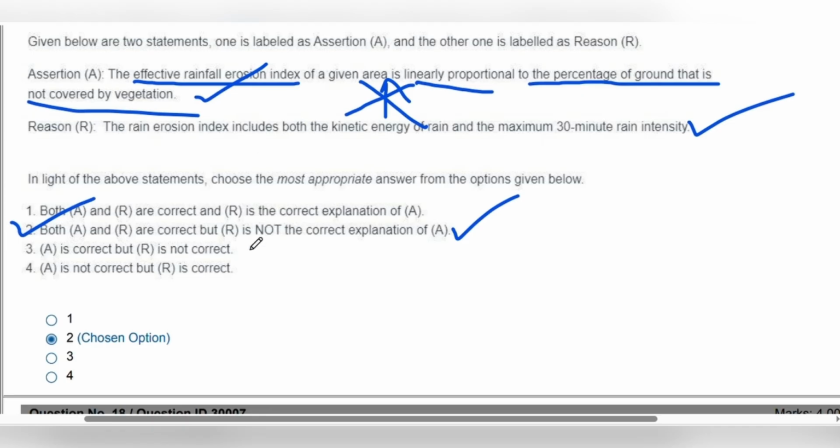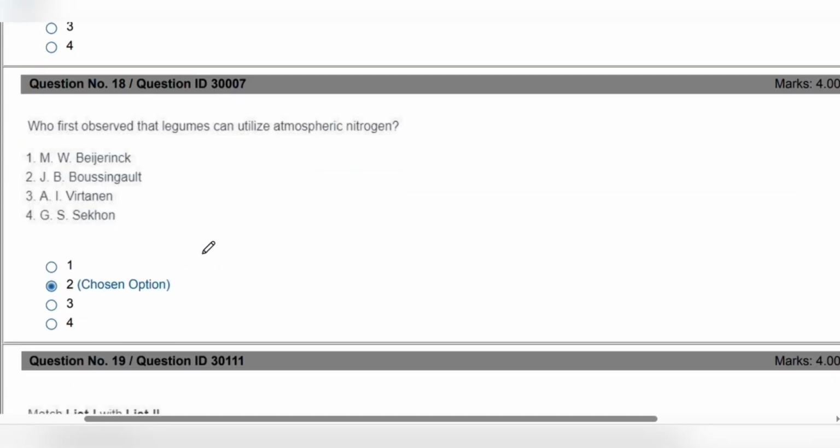Okay. Very good. Moving on to the next question. Who first observed that legumes can utilize atmospheric nitrogen? This is a very simple question of general agriculture and also of soil biology. So it is from soil science, you can say. And the answer will be B. Boussingault. He first observed it, and Beijerinck was the one who first isolated it.